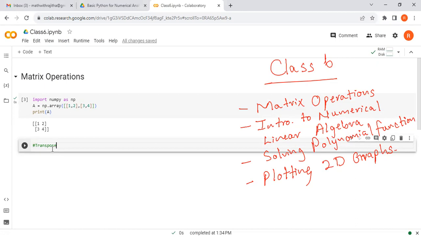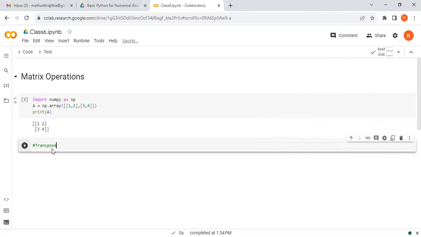Do you remember what the transpose is? I should have done linear algebra first, but let me briefly tell you what the transpose is.